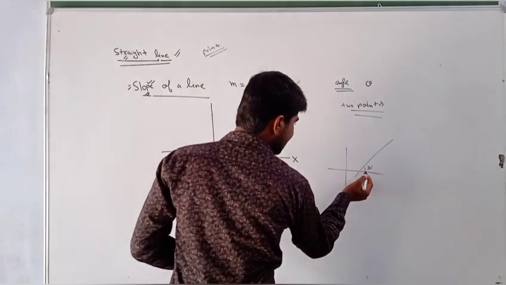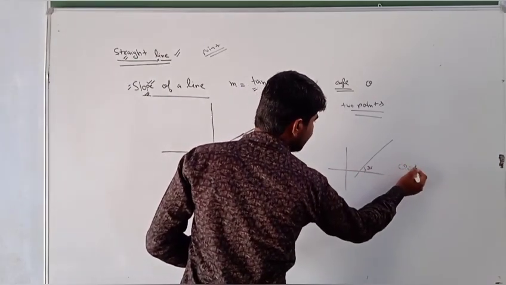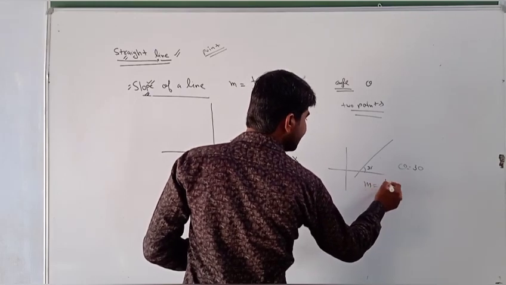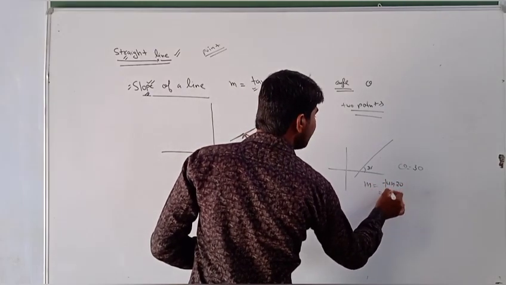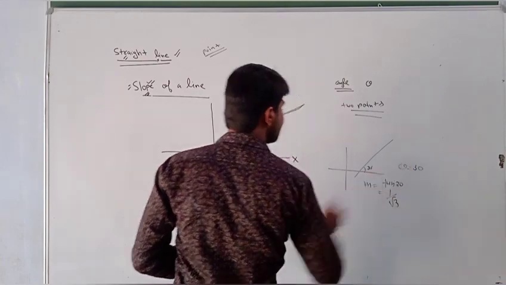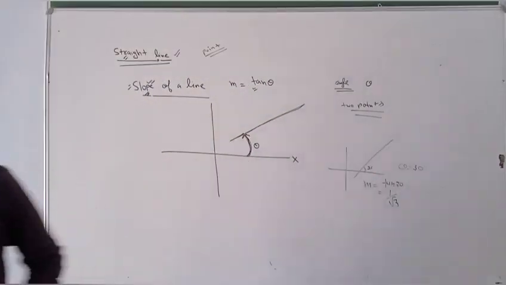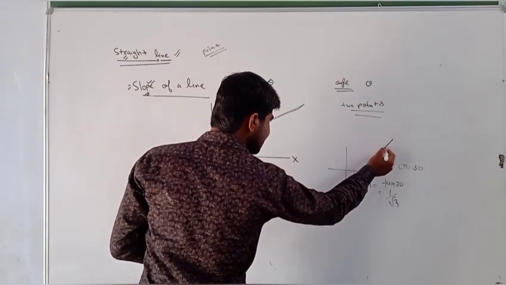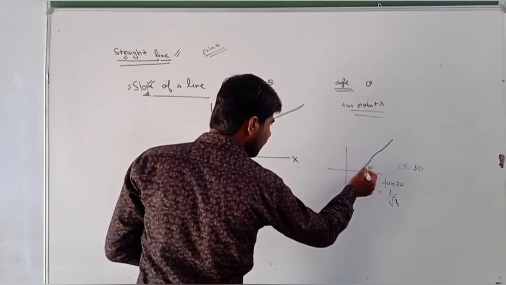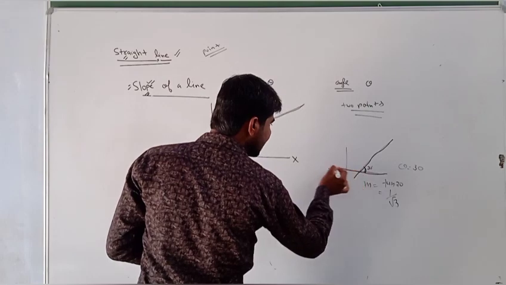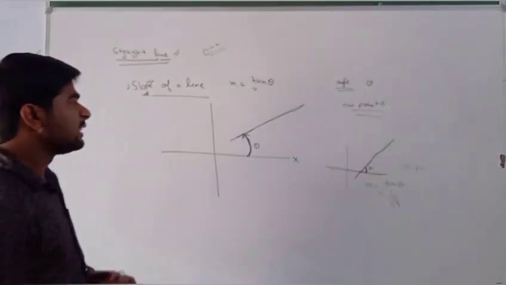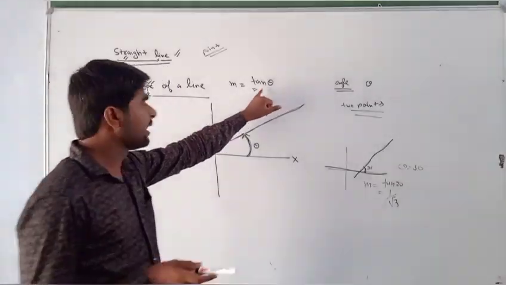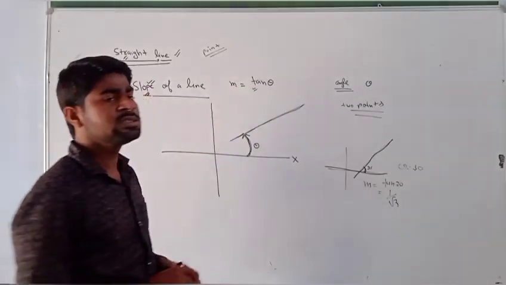You know that is the angle, so theta will be 30. So m, the slope, will be tan 30, that is 1 upon root 3. Okay, so we can say that it is nothing but the inclination of the line on the x-axis. So the angle can be used to find out the slope.